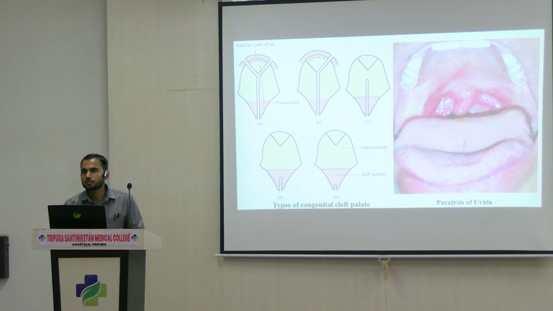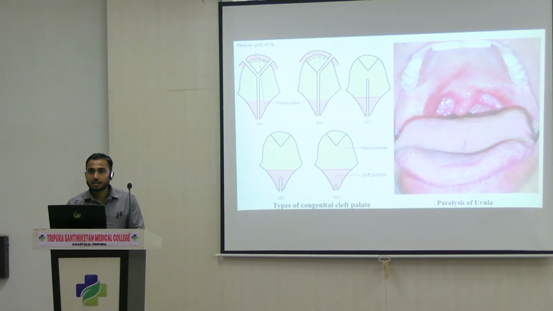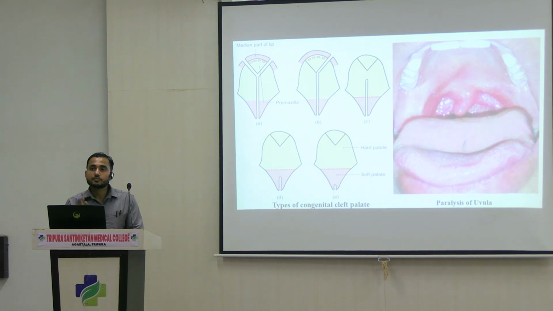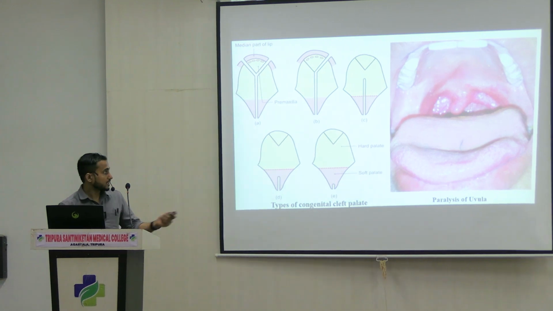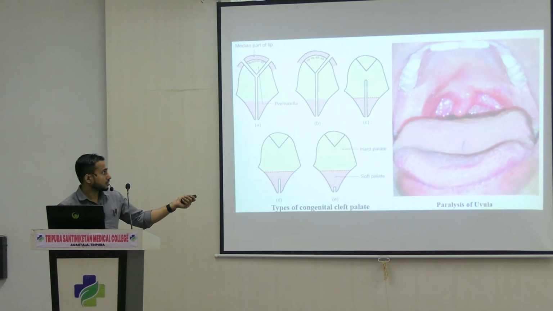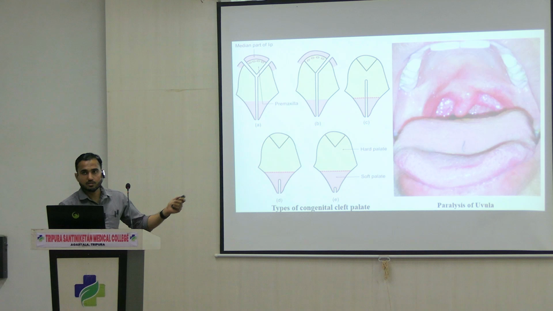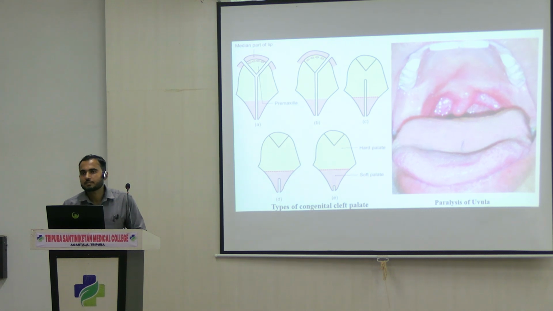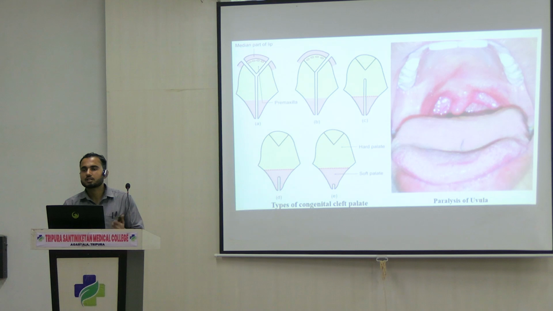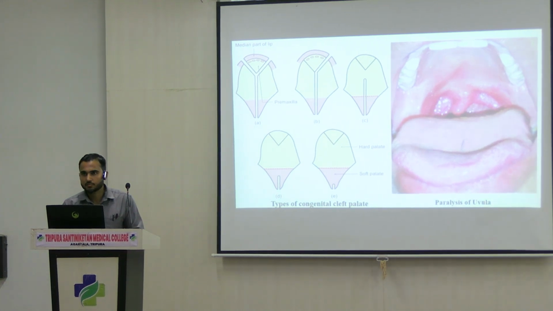Then there will be a nasal twang in the voice, flattening of the palatal arch, and the most important part, the uvula will be deviated to the opposite side. As you can see in the diagram, this is the uvula, and it is deviated to the right side. If it is deviated to the right side, that means the left vagus nerve is paralyzed. So with the help of this, we can judge the integrity of the vagus nerve.